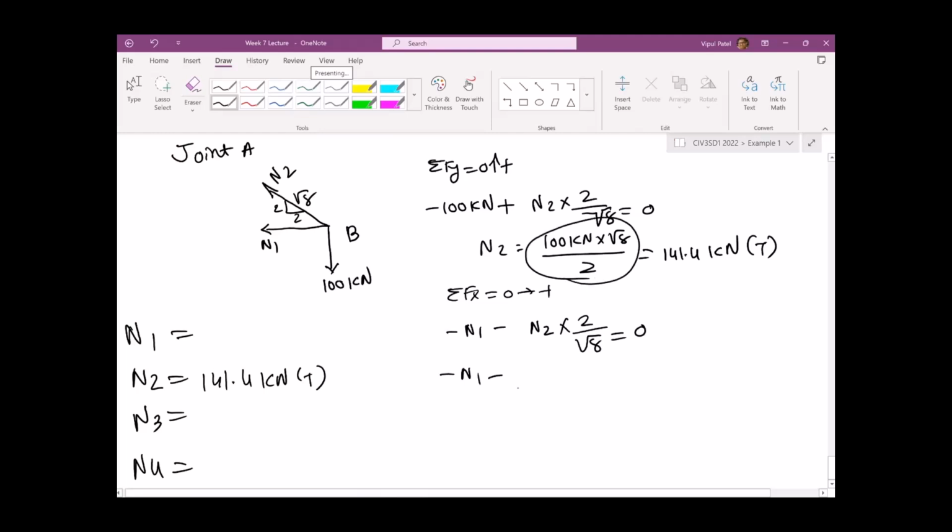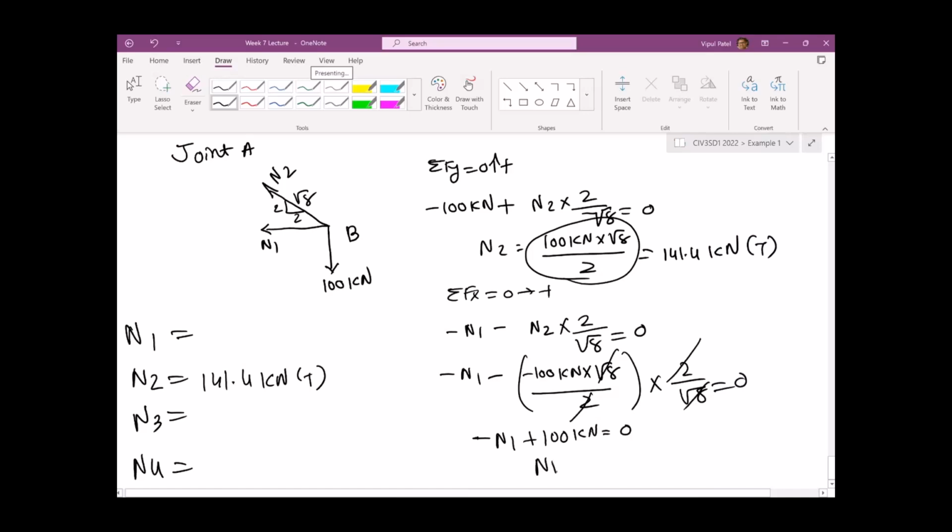N2 we substitute: minus 100 kilonewtons times square root 8 over 2, times 2 over square root 8 equal to 0. This cancels. Minus N1 plus 100 kilonewtons equal to 0. So N1 equal to 100 kilonewtons positive. So what happens here? This minus, this is positive, should be positive.